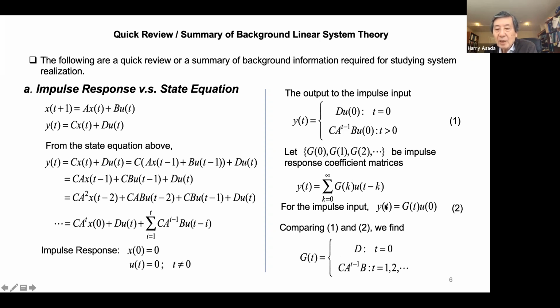So y_t equals G_t u_0, and the G picks up only this part. So let's eliminate u_0 from here. That is, here, right? So t equals 0 is just the D, and then t equal 1, 2, 3 just picks this part, C A^{t-1} B. Okay. So all I did is use the state equations and output equations, write this out, and then relate this to the impulse response G_t.